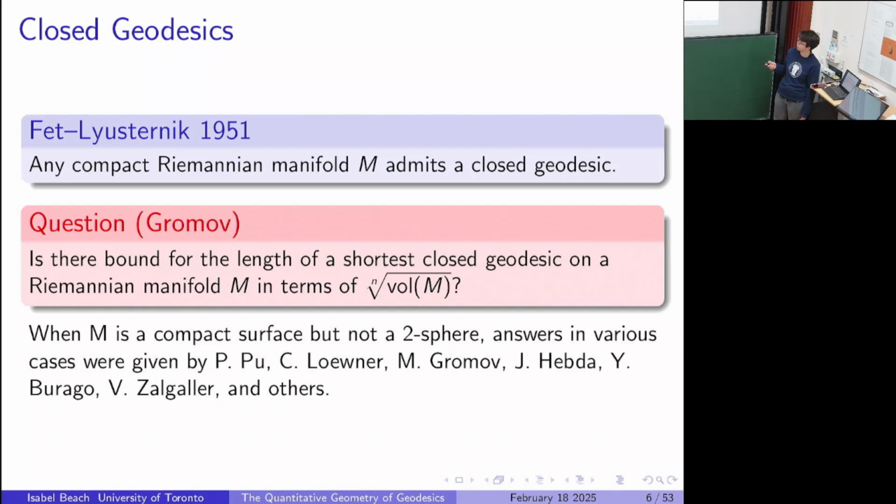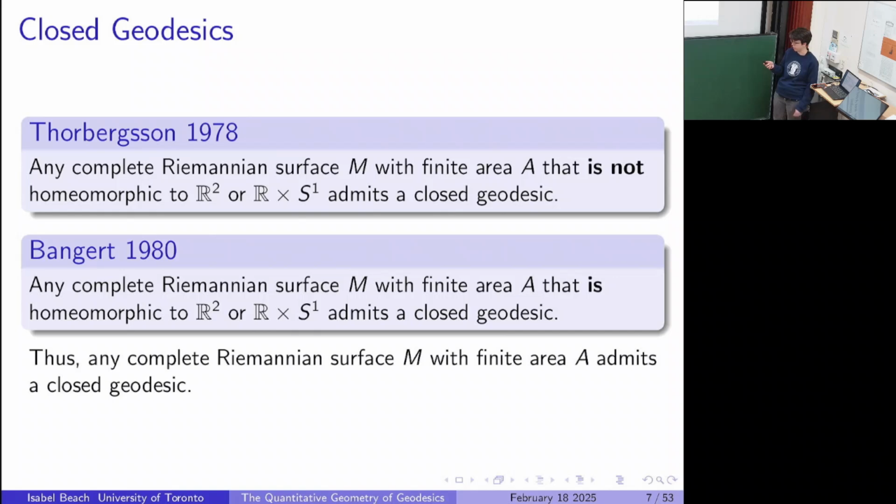Now, of course, this is for compact Riemannian manifolds. The next thing that's natural to ask is what happens if you have a complete manifold that is not compact. This is a little trickier, because proving the existence of a closed geodesic is harder: you can imagine things sliding off to infinity because there's no topology to obstruct them, in the case of a cylinder or plane. Here our existence results are due to Thorbergsson and Bangert.